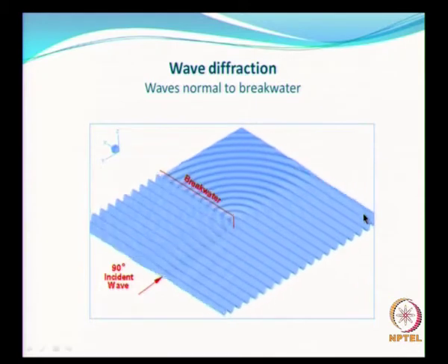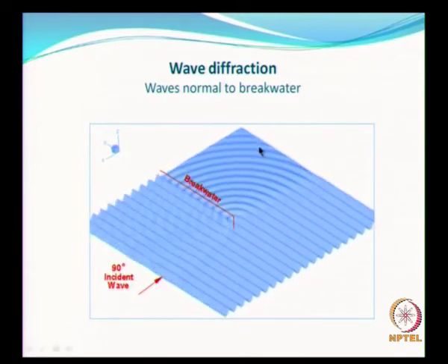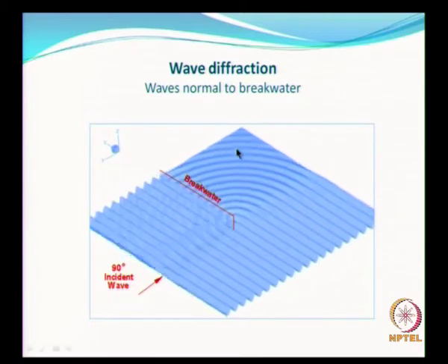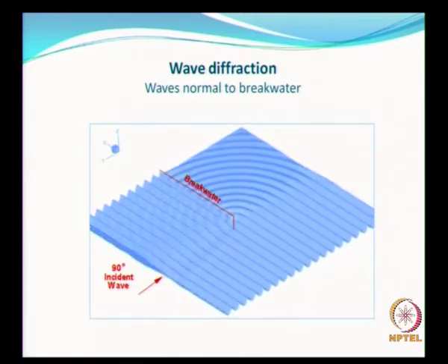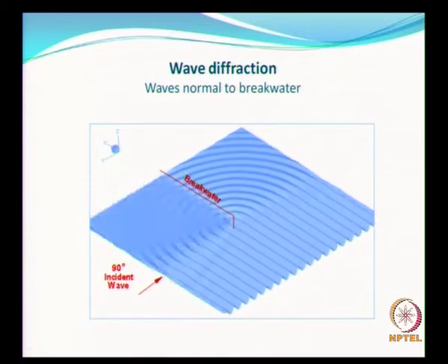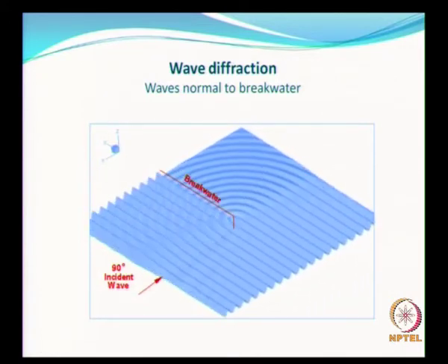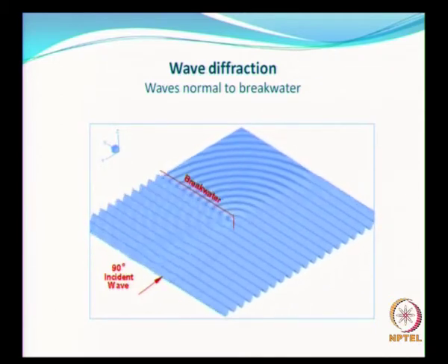This is what I was explaining earlier, and you look at the diffraction, and naturally here the wave climate is expected to be very less, and you look at this area you see that you have the reflection taking place. So this animation itself shows us the phenomena of diffraction very clearly.